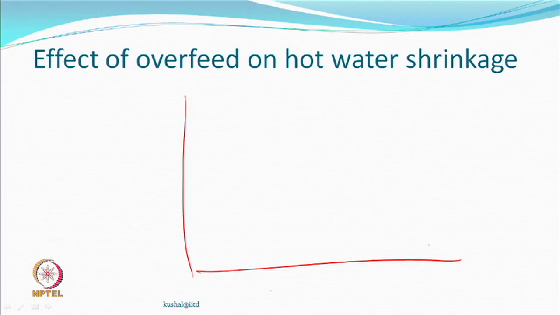Then what we want to know is what is likely to happen at all. So, let us say I am looking at the possibility of working on the hot water shrinkage.